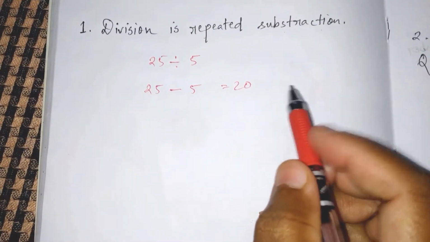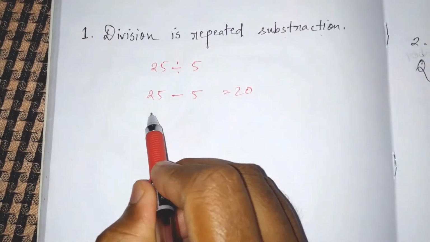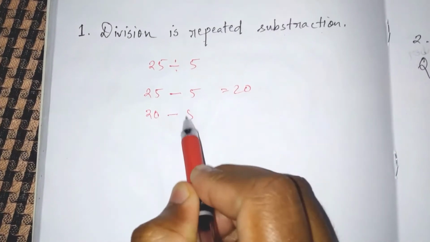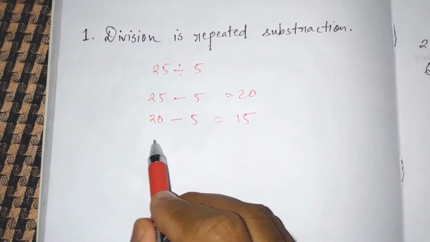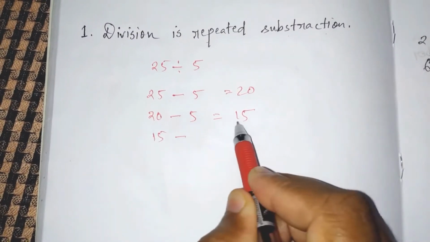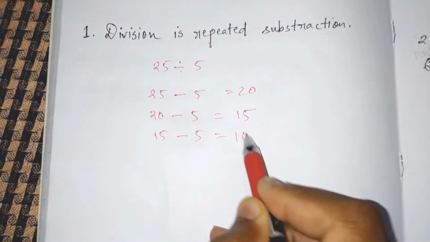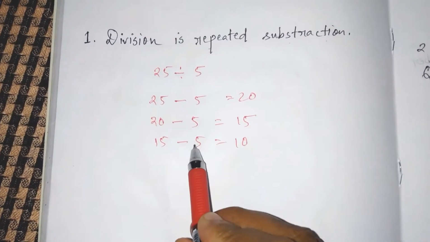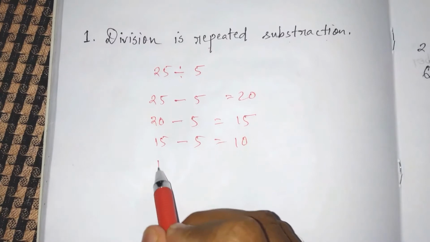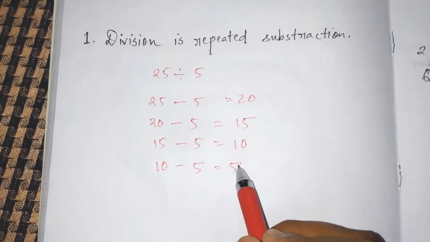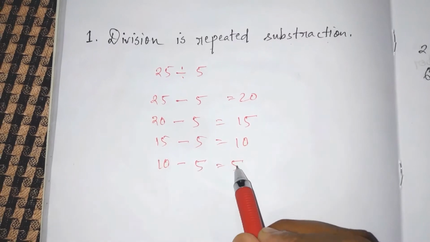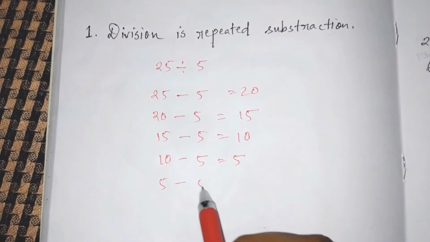If I minus 5 from 20, I will get 15. Then if I minus 5 from 15, I will get 10. Then again, if I minus 5 from this 10, how much will I get? 5. Then again, if I minus 5 from this 5, I'll get 0.